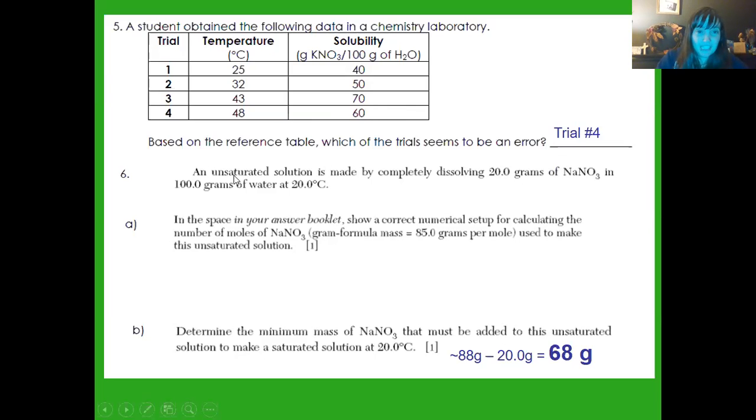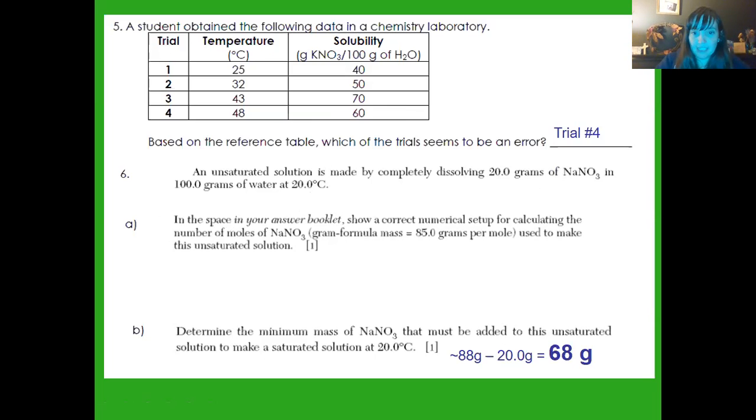And then in number 6, we've got an unsaturated solution made by completely dissolving 20 grams of sodium nitrate in 100 grams of water at 20 degrees Celsius. In part B, it says, determine the minimum mass of sodium nitrate that must be added to this unsaturated solution to make a saturated solution at 20 degrees Celsius.